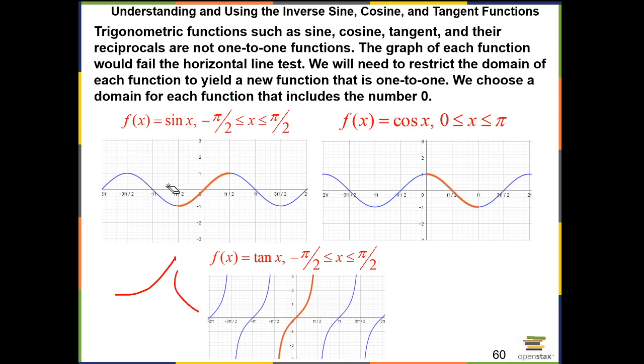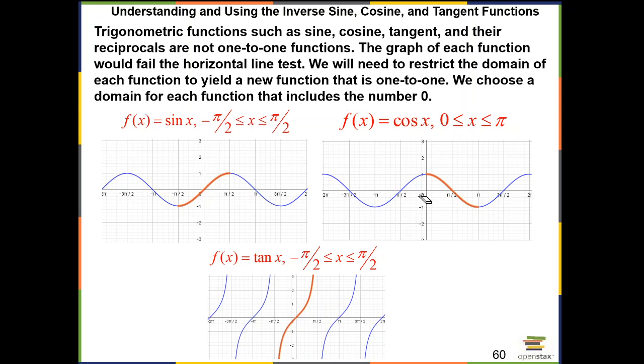So we have to pick a part, let's say this part of sine that is always decreasing, or a part that is always increasing, like for example this part right here. We cannot take the whole thing because then the inverse is not going to be a function.